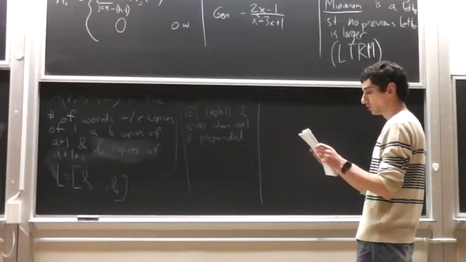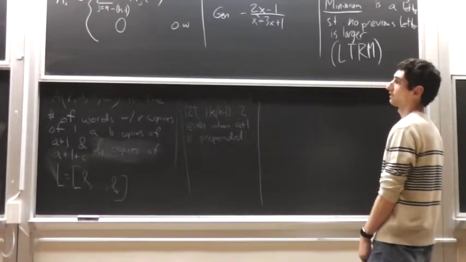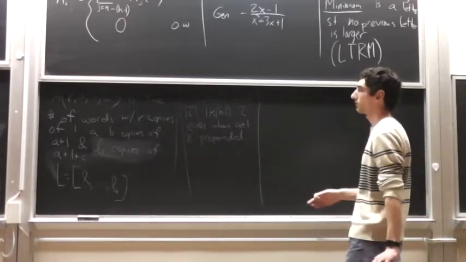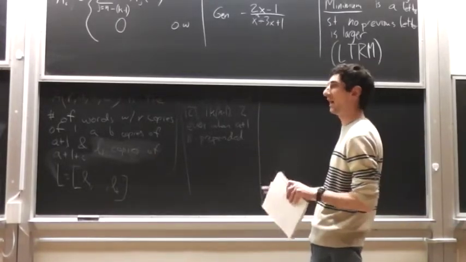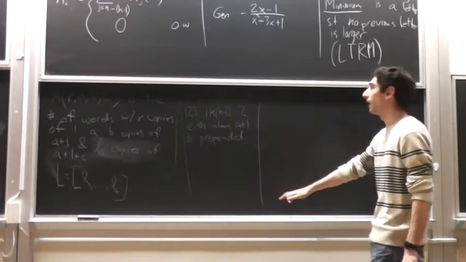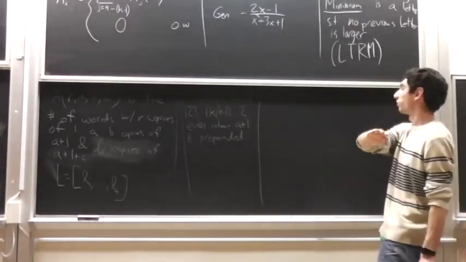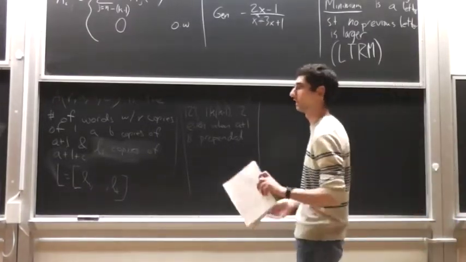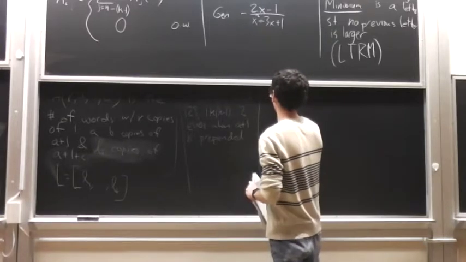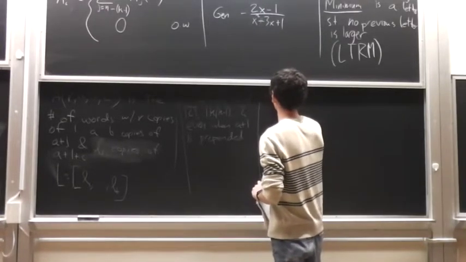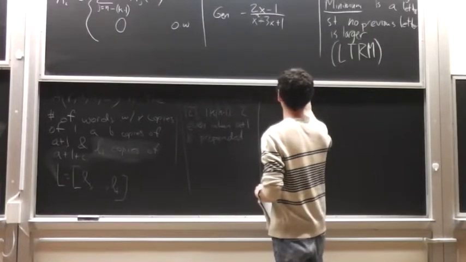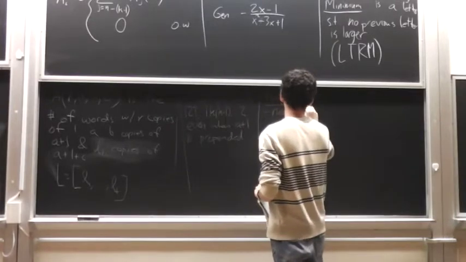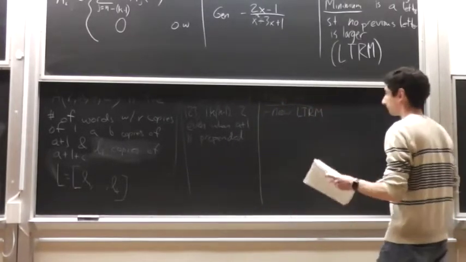And the way to enumerate this is to think about what all of the possible next letters are. So one possible next letter is I could have a new left-right minimum. And in fact, like Yukon brought up, I'm going to want this left-right minimum to be strictly new. I want it to be strictly less than a plus 1. So the possibilities for the next letter: it could be a new left-right minimum.